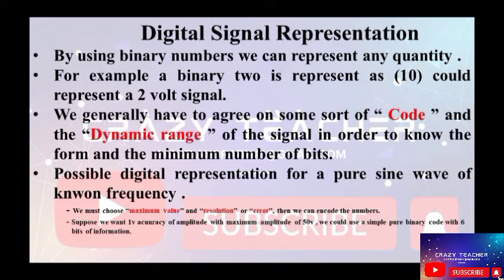Suppose instead of 50 different levels, I am given only 5 bits. With 5 bits, I can have only 32 different levels possible. Accordingly, my accuracy will be less for the signal. So this way, this digital signal representation itself introduces some amount of error.